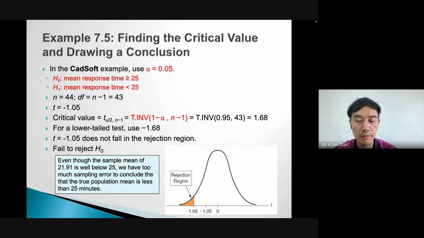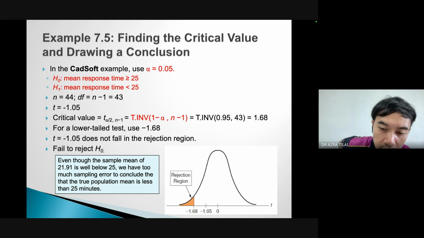For example, you have a graph, a normal distribution here. Normally you have the peak at the middle, so it shows a bell curve. The rejection region is at the tip of each of those lines.